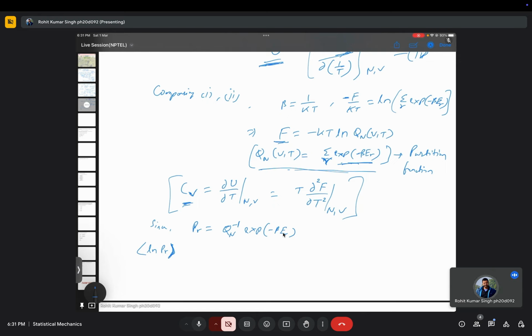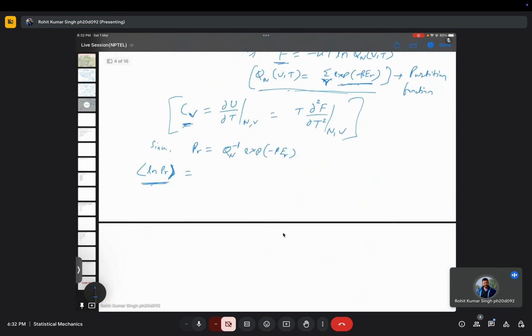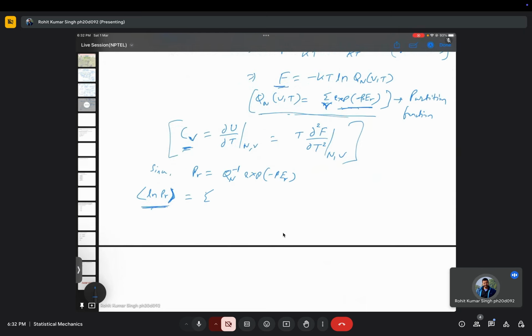Similarly to how we calculated the expectation value of energy, you can write it like this: the sum of P_R log P_R.